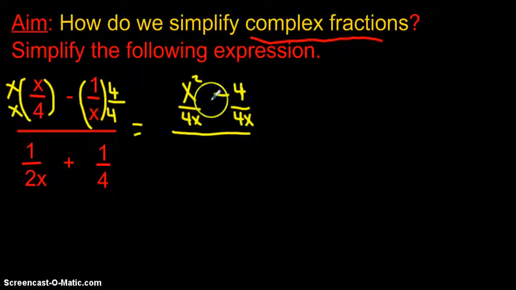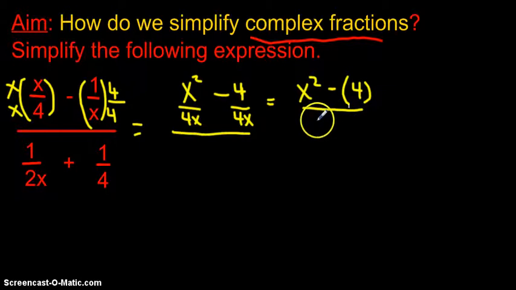And because they have a common denominator, we can rewrite them as (x squared minus 4) all over 4x. And I'm sure your question is, why am I putting parentheses around the numerator and denominator?